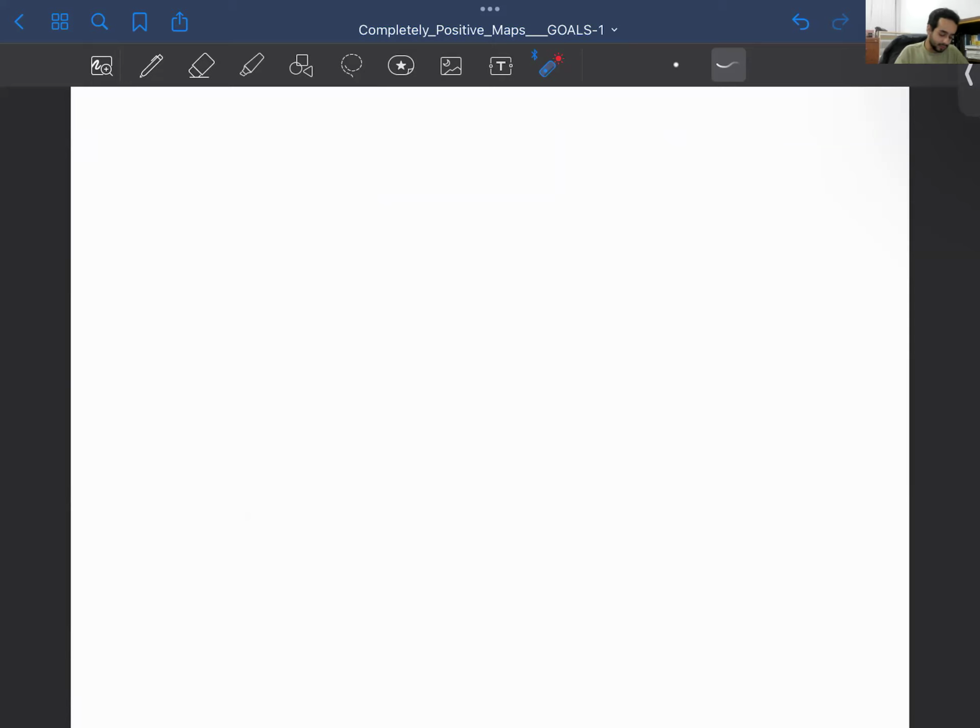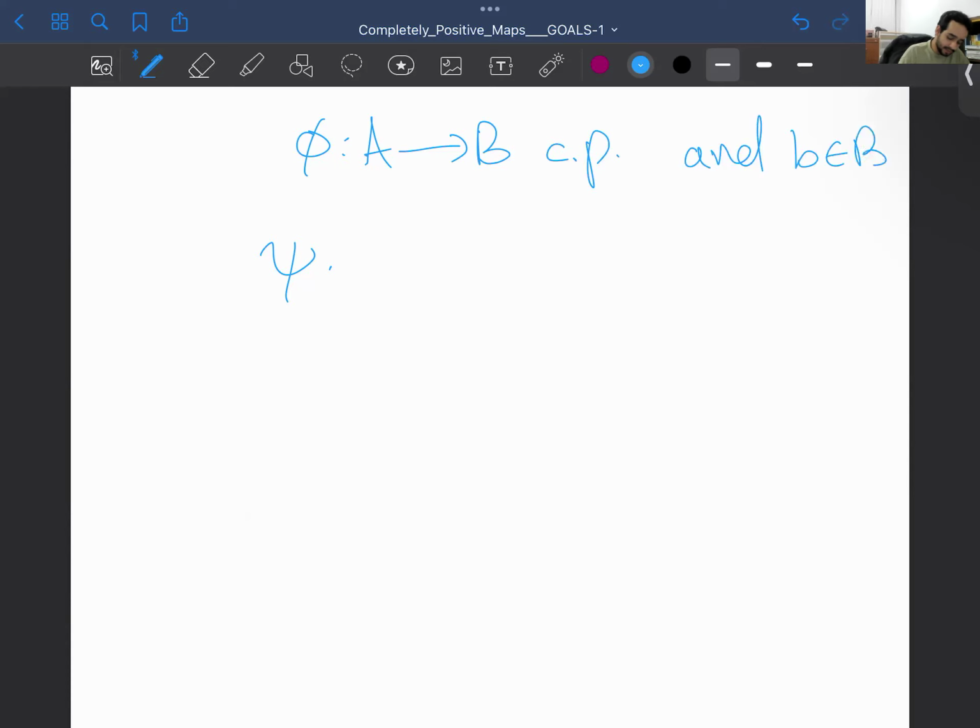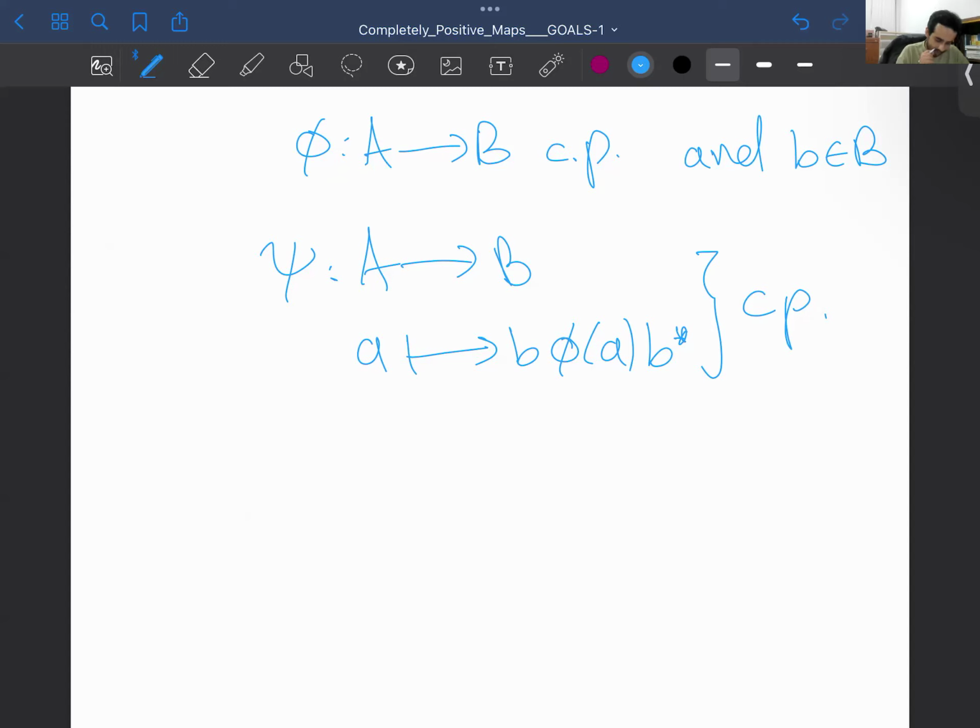We already saw that if phi is completely positive, and B is an element of the C-star algebra, then we can consider the map that sends every element A to B phi(A) B star. And this is going to be again completely positive. This is an important example of something that we're going to see next. And sometimes this is called a compression.